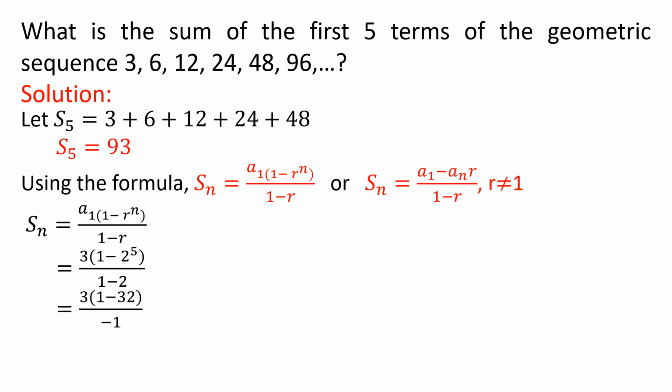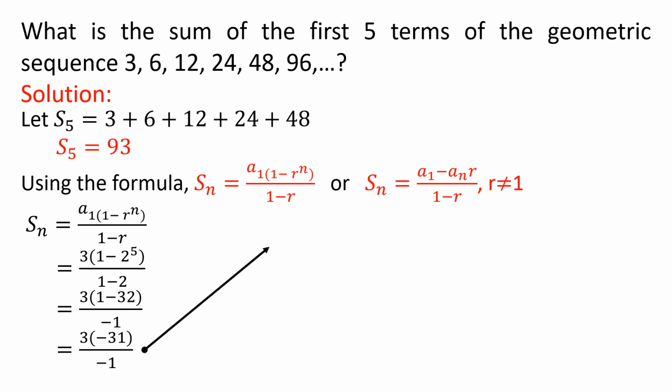Then, simplifying further, we have 3 times 1 minus 2 raised to 5, which is 32. Therefore, we have negative 32 all over negative 1, since 1 minus 2 is negative 1. Simplifying again, we have 3 times the difference between 1 and 32, which is negative 31, divided by negative 1.